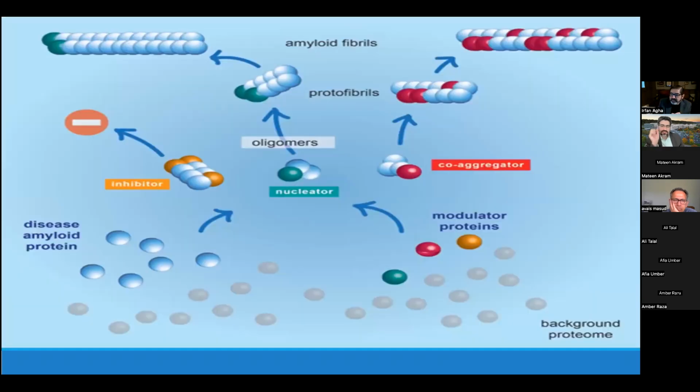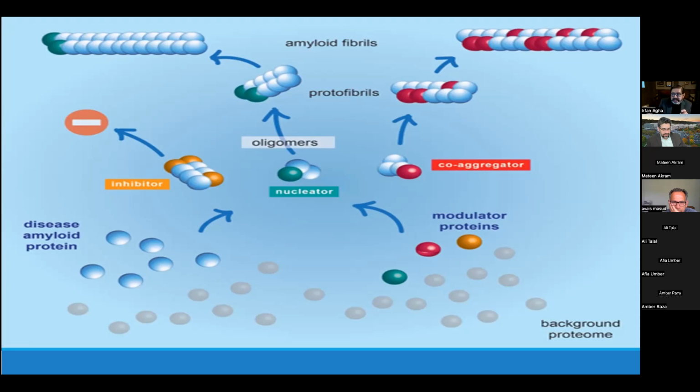And so if you've got these diseased amyloid proteins, they need some nucleators. It is well known in mouse studies that if you create a mouse with a genetic mutation, that would lead to development of amyloid fibrils in 4, 6, 8 weeks.